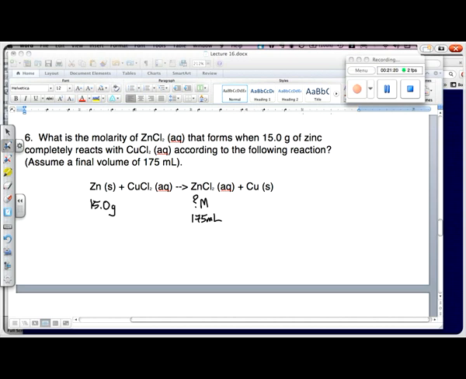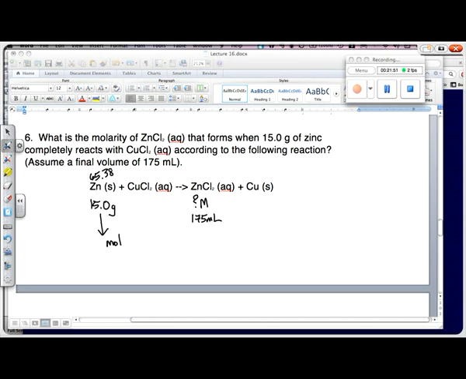So we've written our equation, and we've put the information in the appropriate places. Now, if you're not in moles, get there. I can't solve this question because what I am lacking is moles. I have the volume, but I need to get moles from the mass. So we do need the periodic table for this. Zinc is 65.38 as its molar mass.